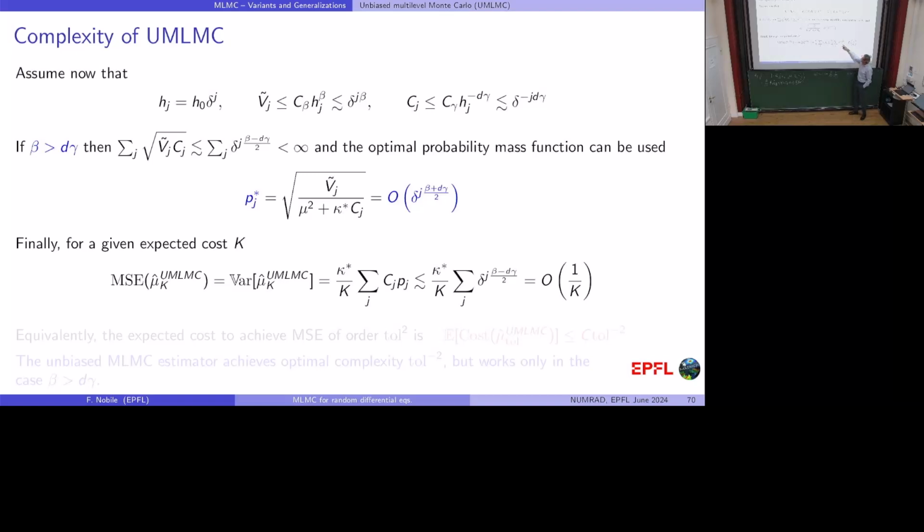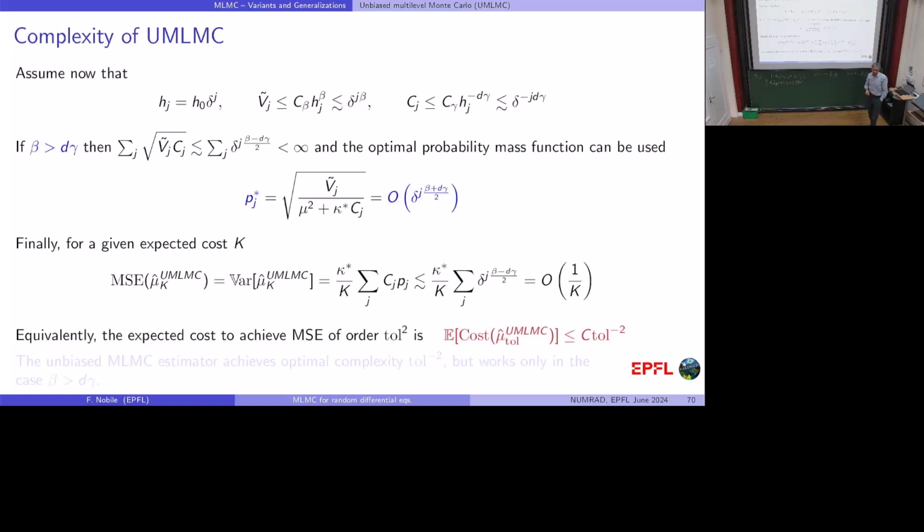And again, if I am in the good setting, beta larger than d gamma, this is a converging series. So I just get something that scales like 1 over k. So the mean square error is proportional to 1 over k. So I can reverse this inequality and say that the cost scales like the mean square error, or the tolerance, to the minus 2. Okay? Which is the same result as for the multilevel Monte Carlo in the best case.